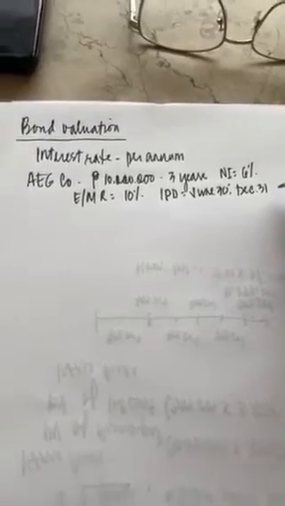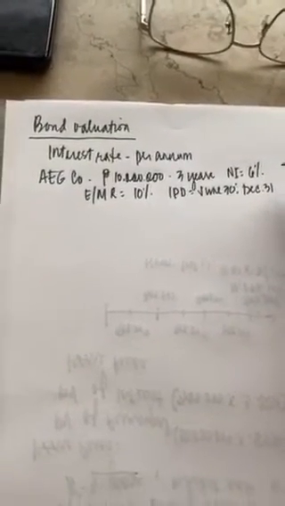So in this case, the interest payments are semi-annual, okay? So how will this affect the computation of the issue price of the bond?